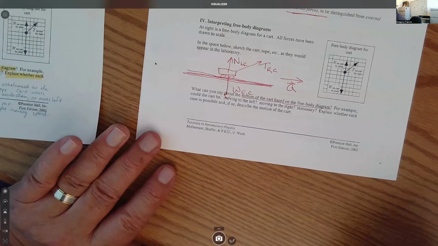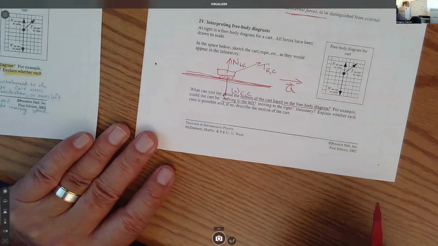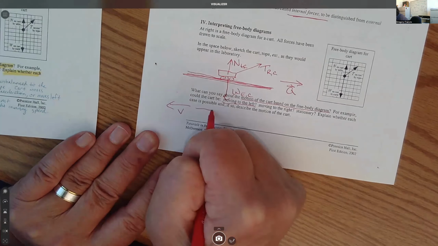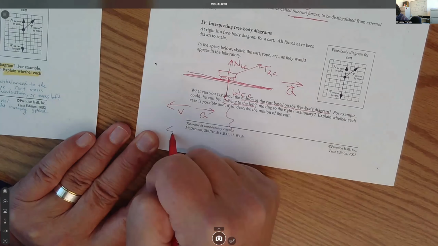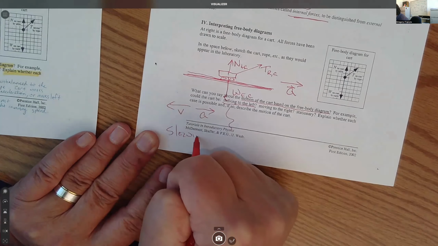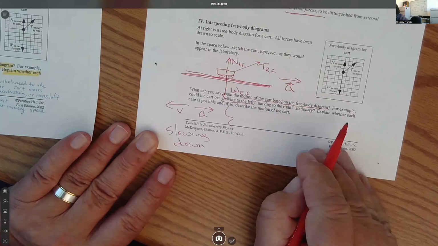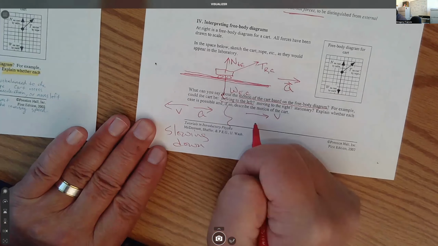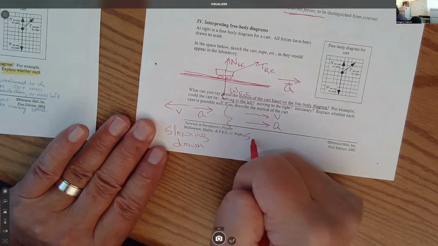Now, could the cart be moving to the left? Well, yes. If the cart is moving to the left with an acceleration to the right, it would be slowing down. Could it be moving to the right? Well, yeah. And if it's moving to the right, it would be speeding up.